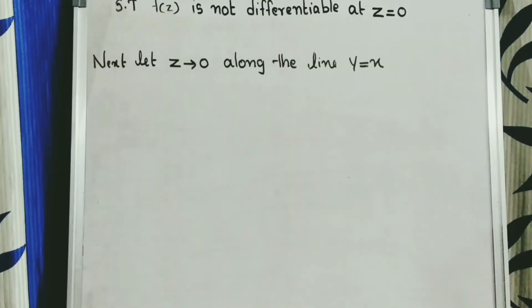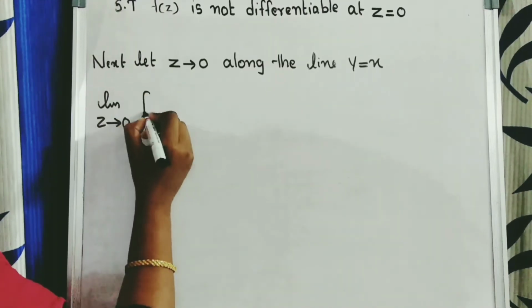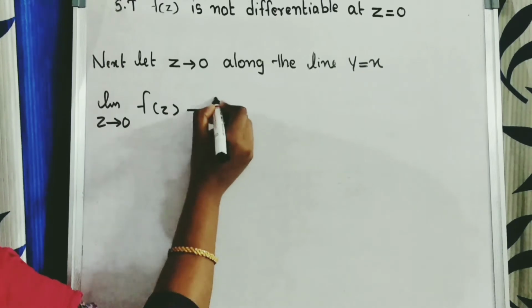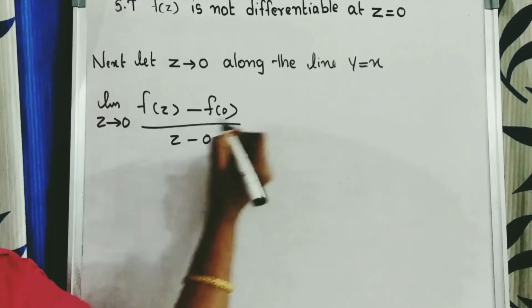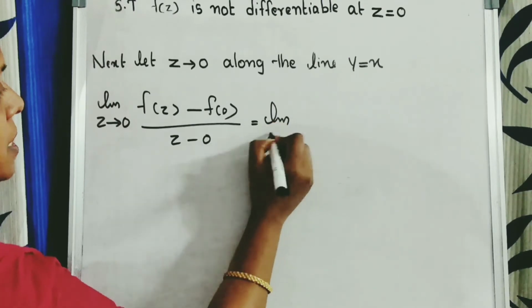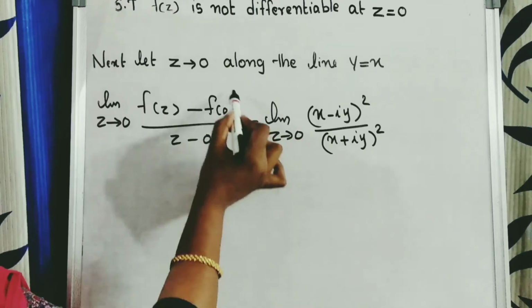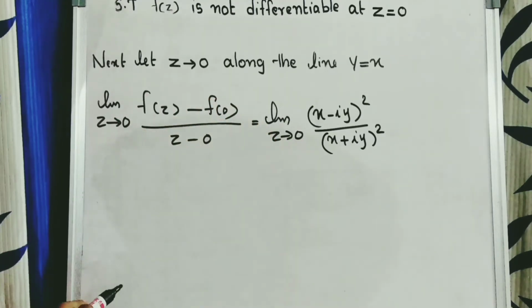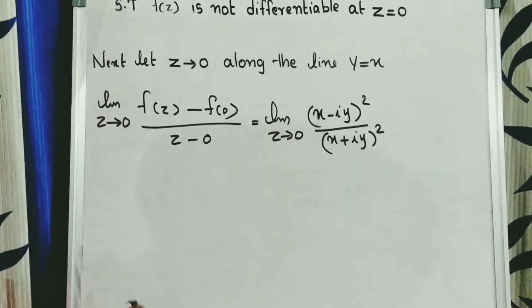Next let z tend to 0 along the line y equal to x. Limit z tends to 0 of (f of z minus f of 0) divided by (z minus 0) is equal to limit z tends to 0. Here the value of (f of z minus f of 0) divided by (z minus 0) is (x minus iy) whole square divided by (x plus iy) whole square.